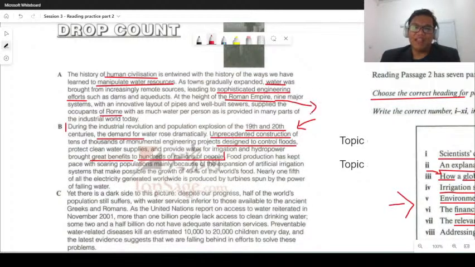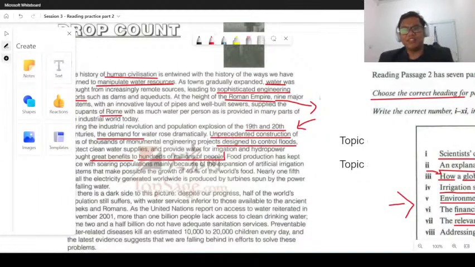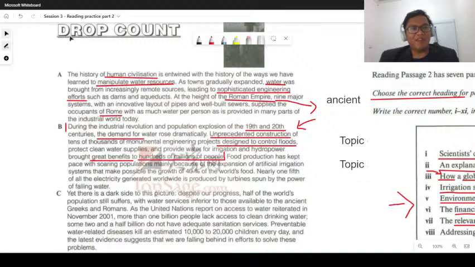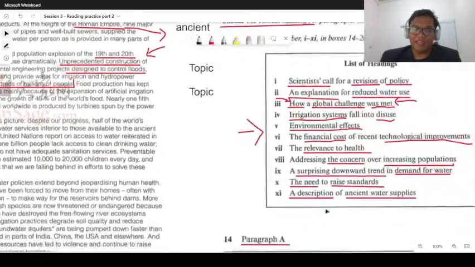So what does that mean? This is actually ancient, right? So when you highlight those keywords in the headings, you need to immediately notice those kind of things like, okay, that is something ancient. And we did see an ancient word in one of the headings, which is the XI.